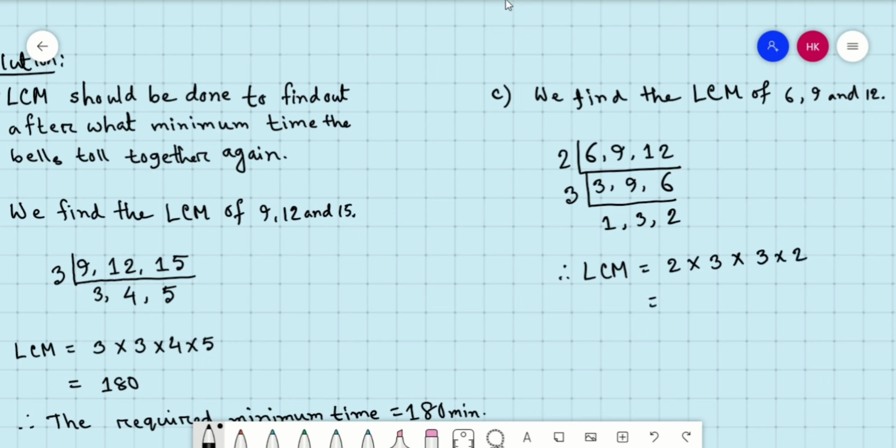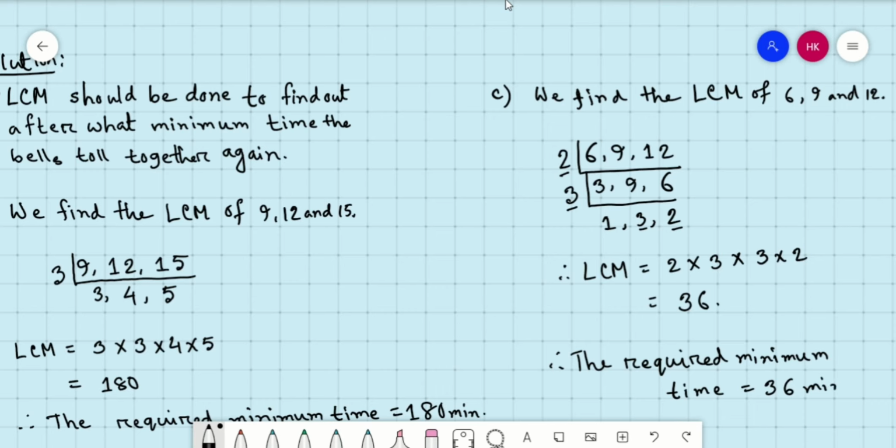If we multiply all these numbers, 2 times 3 is 6 and 3 times 2 is 6, that means 36. Therefore, the required minimum time is 36 minutes, which completes the answer to number C.